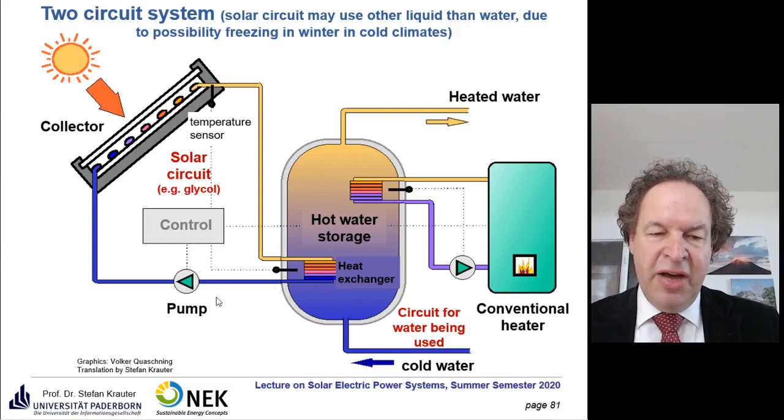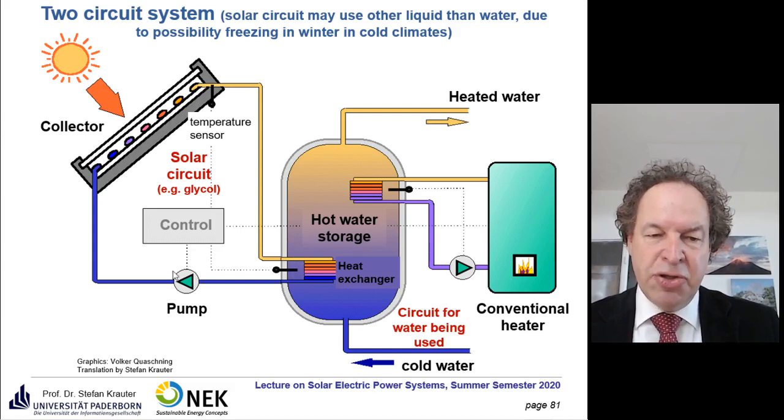So you have to have an extra pump there and an extra control because you cannot let the pump run for 24 hours, because at nighttime you would have the opposite effect. Outdoor could be very cold and you would cool down your storage tank. So you should switch off your collector, and what you do, you take the temperature difference between the hot part of the collector and see whether it's still higher than the water in the water tank.